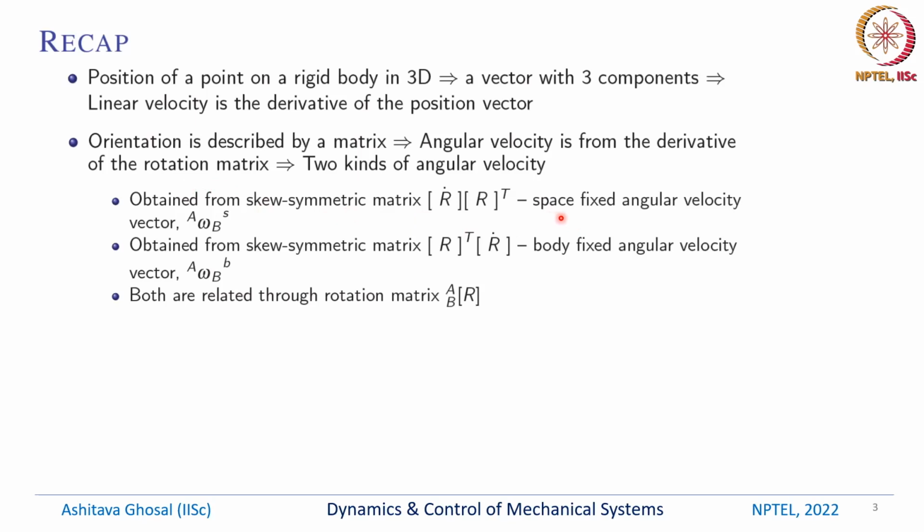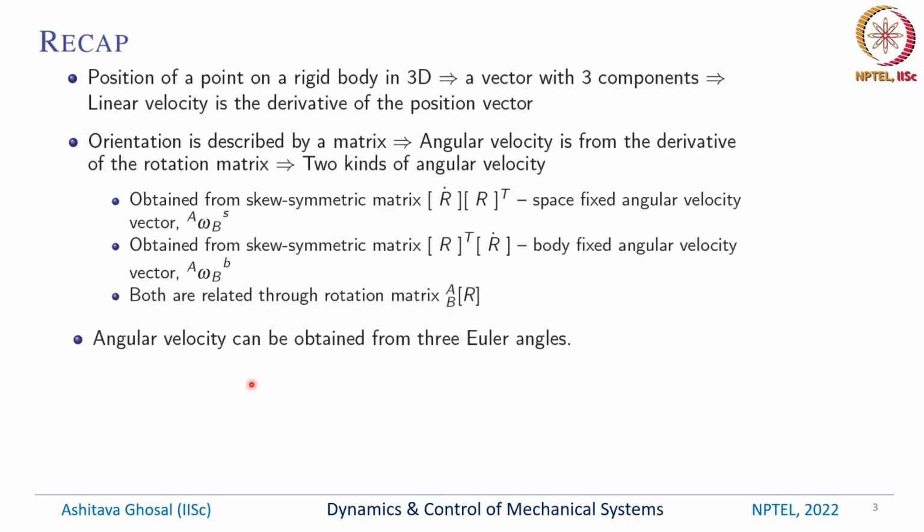And this led to the concept of a space fixed angular velocity vector, A omega with a superscript S. We also showed that you could obtain a skew symmetric matrix from R transpose R dot, and this leads to the notion of a body fixed angular velocity vector, which is denoted by A omega B with a superscript B. So this S and B basically denotes that one of them is a space fixed angular velocity vector and one of them is a body fixed angular velocity vector. And I showed you that both are related. They are related through the rotation matrix ABR.